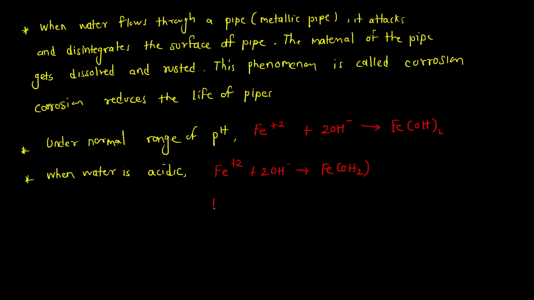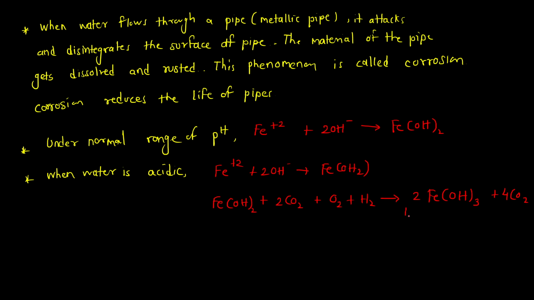Then this FeOH2 reacts with carbon dioxide, oxygen and hydrogen to form a sticky substance, that is ferric hydrate, and carbon dioxide is released.